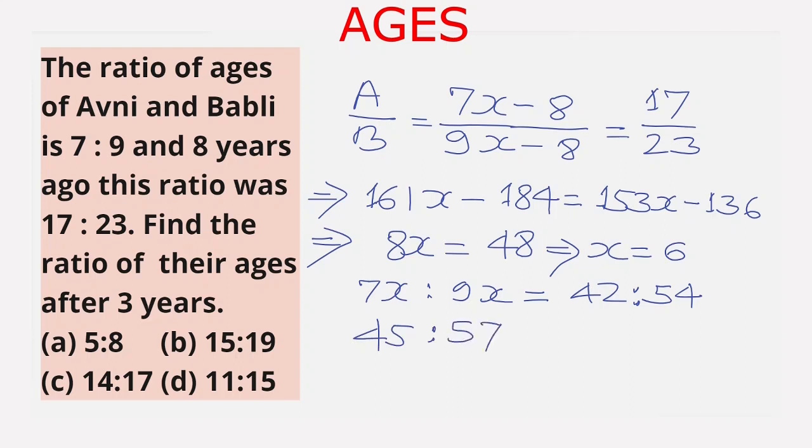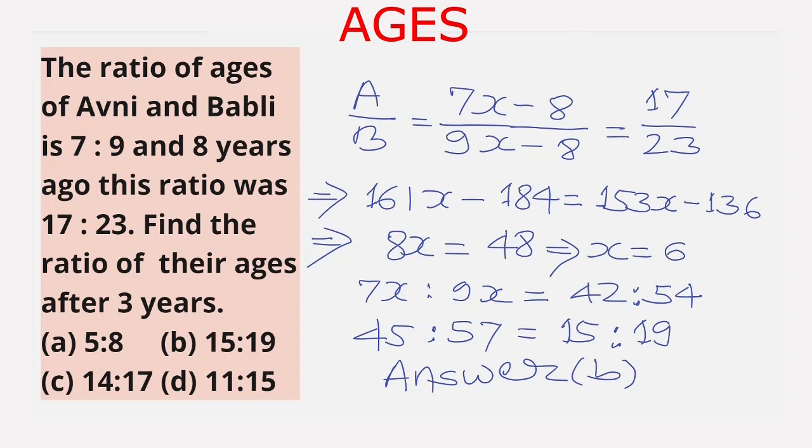Now 45 and 57 are both divisible by 3. So we simplify it: 3 divides 45 fifteen times and 57 nineteen times. Thus, after 3 years, the ratio of ages of Avani and Bubbly will be 15:19. And from the given options, our answer will be option B, 15:19.